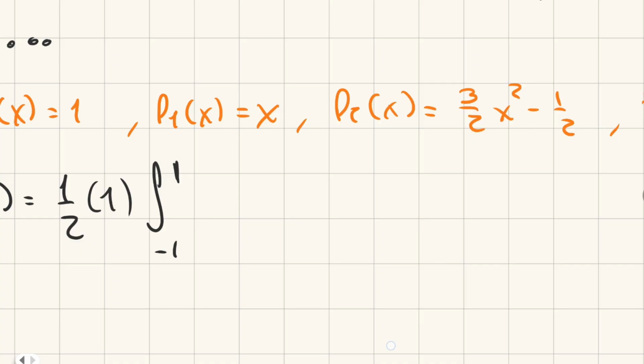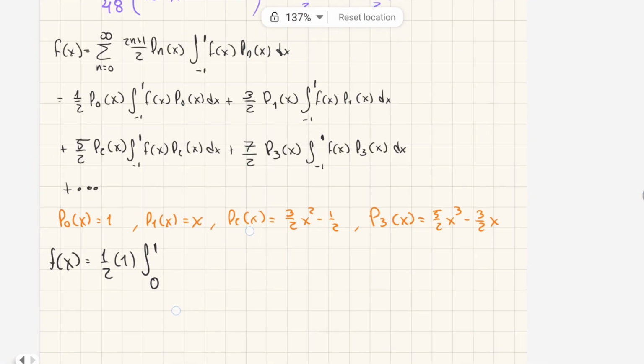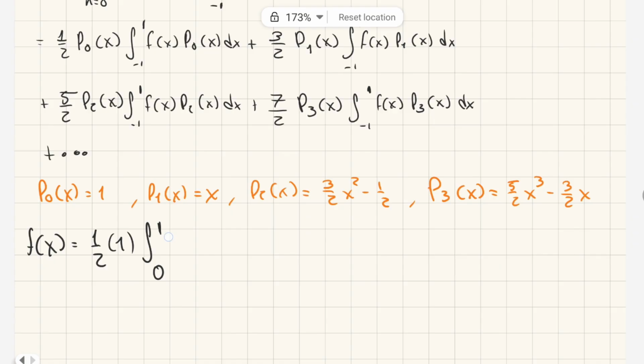So that means that we can split this interval from 0 to 1, right? Because from -1 to 0, it's going to be equal to 0. So we are just going to take into account the integral from 0 to 1. Perfect, and f of x has a value of 1, and P sub 0 of x is equal to 1, and we integrate with respect to x.